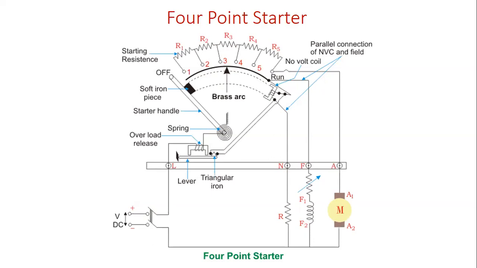The two conditions: one is to limit the starting current, another one is to protect the motor from the overloaded condition. For these two purposes, the starter is available. So without the starter, we cannot start the machine, right?